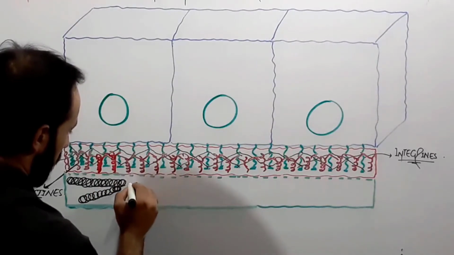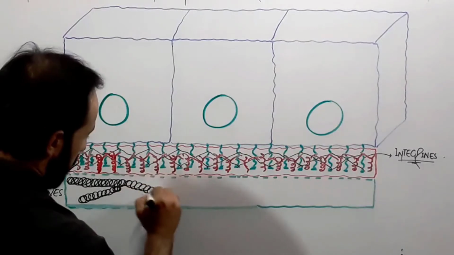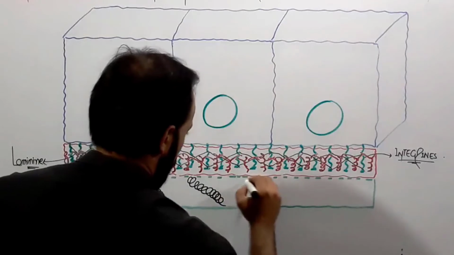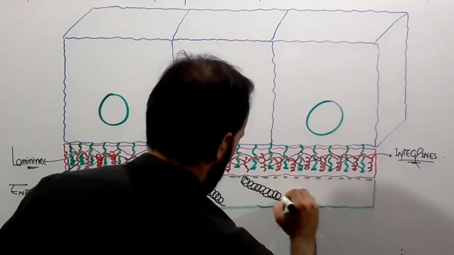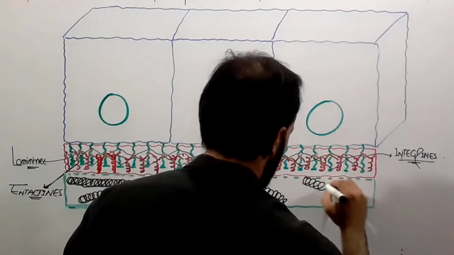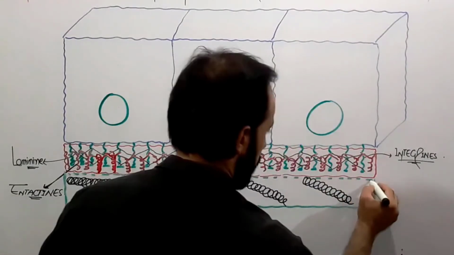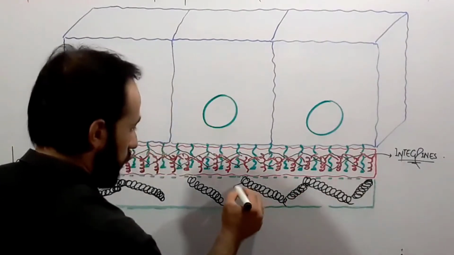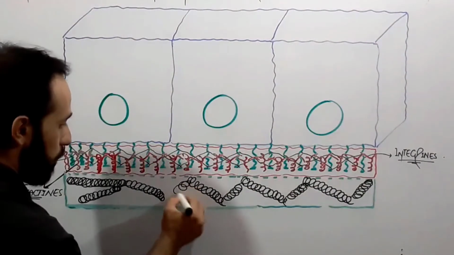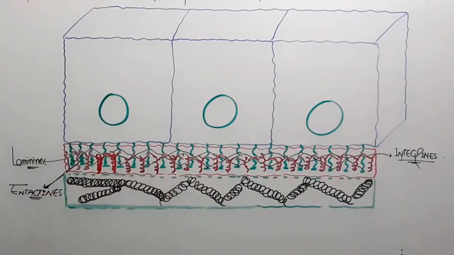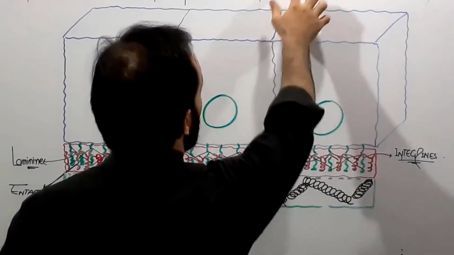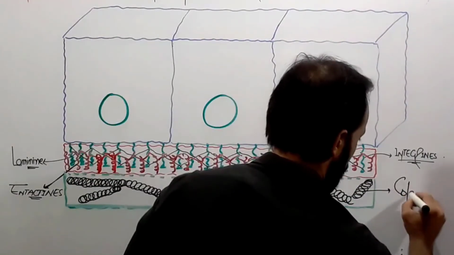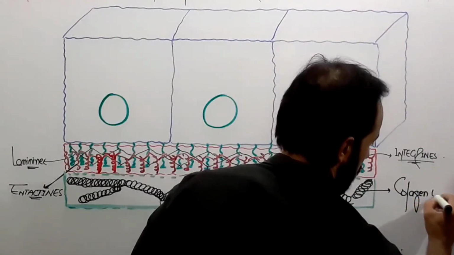I am just making this diagram simple for our clear understanding. These are the collagen type 4 molecules, collagen type 4 proteins. So in the lamina densa, there is collagen type 4.